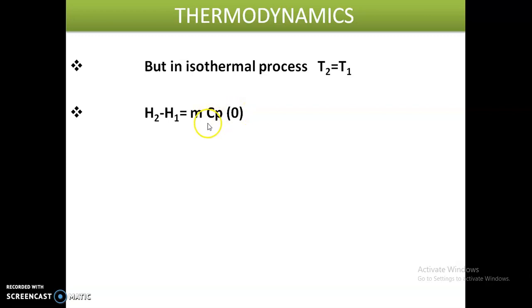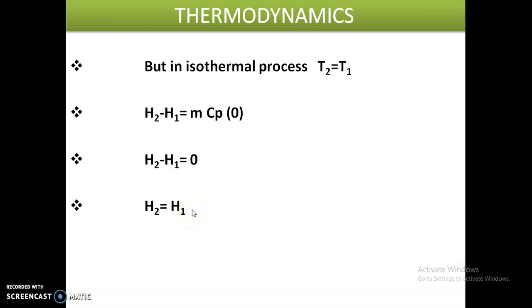Zero into something gives 0. So h2 minus h1 is finally 0. Bring this term h1 to the right side, we get h2 is equal to h1. So in the isothermal process, what is the change in enthalpy? The enthalpy at state 1 should be equal to the enthalpy at state 2.